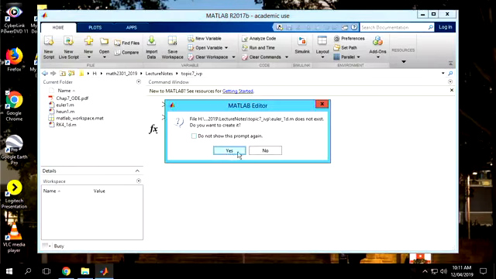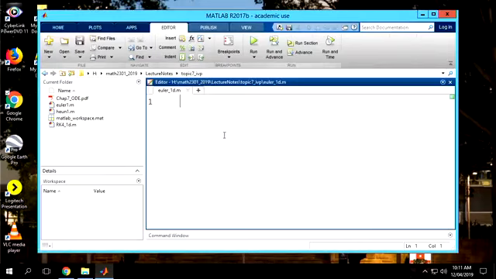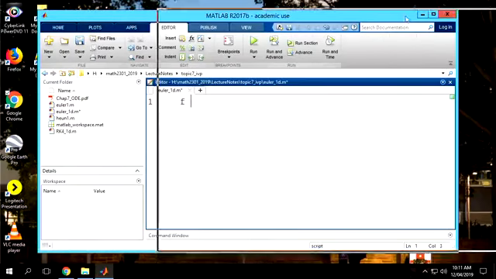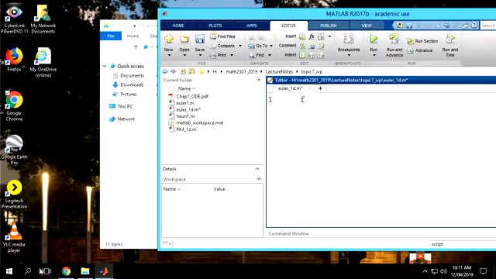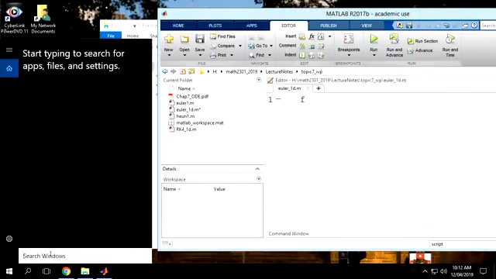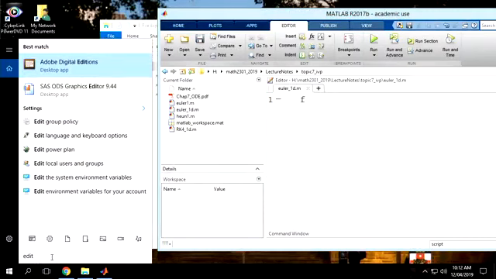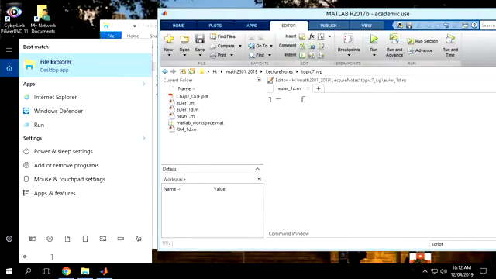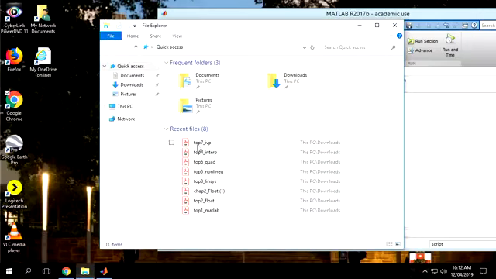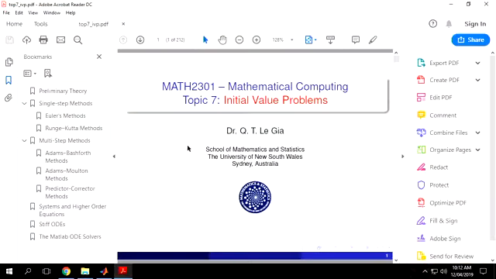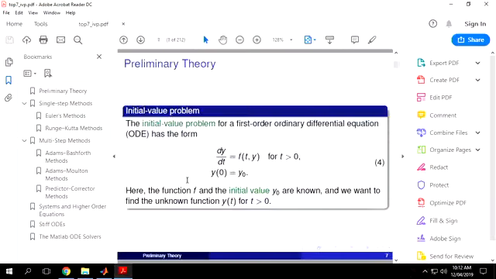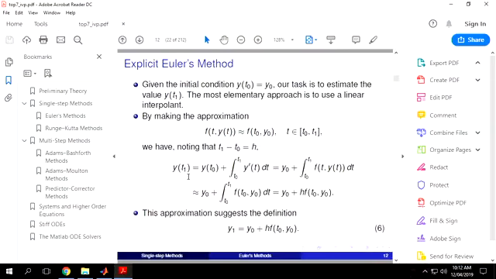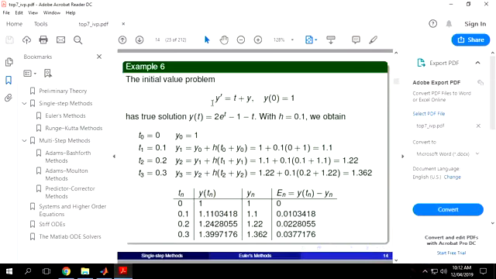Maybe just make it simple. Suppose last time, remember, what we have is the function f. So maybe we start with this one.